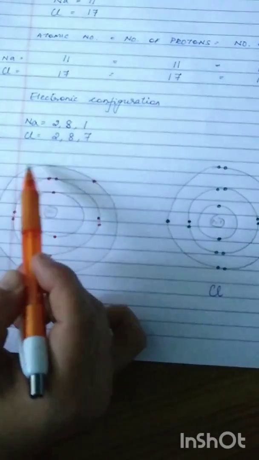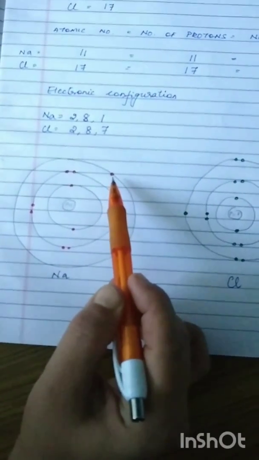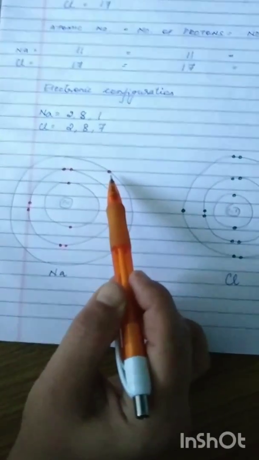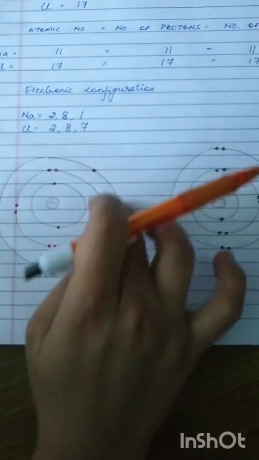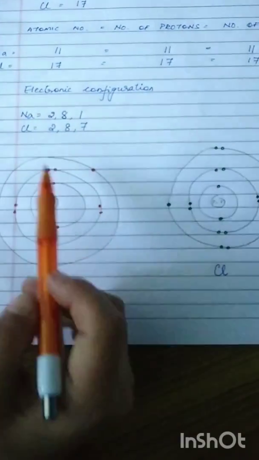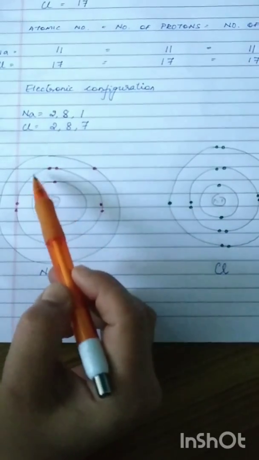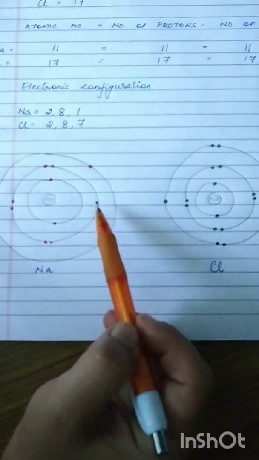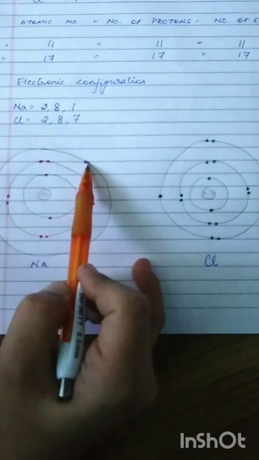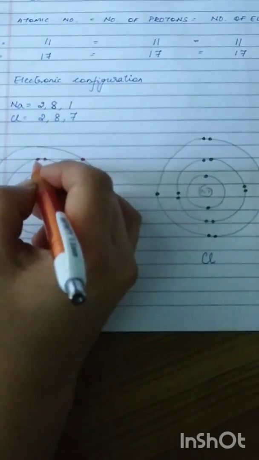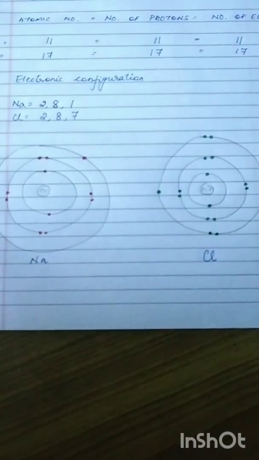Now see, sodium has only 1 electron in its outermost orbit. If it gives away this electron, this orbit will vanish. Only 2 orbits will be there and this orbit will have 8 electrons. That means sodium, if it gives away this electron, will become stable.